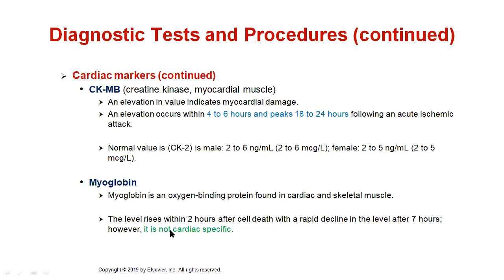However, it is not cardiac specific because myoglobin is present in myocardium and also the skeletal tissue or muscle. So it is not specific for the heart tissue. If I ask you which cardiac enzyme is specific for the heart, the answer would be troponin, right?